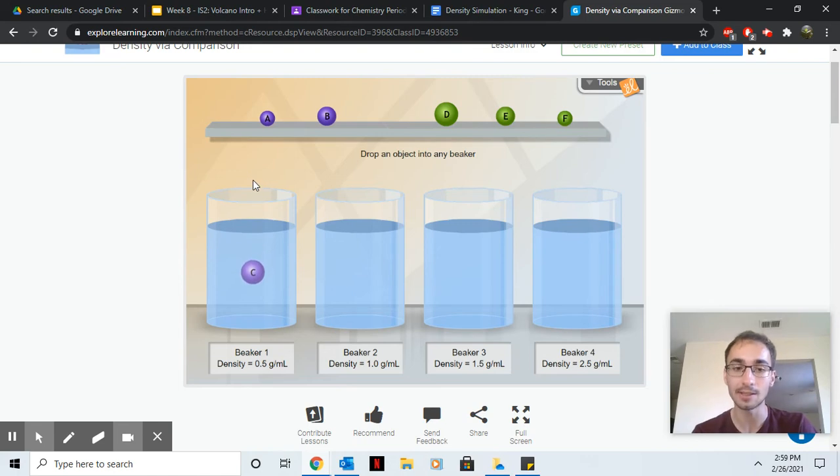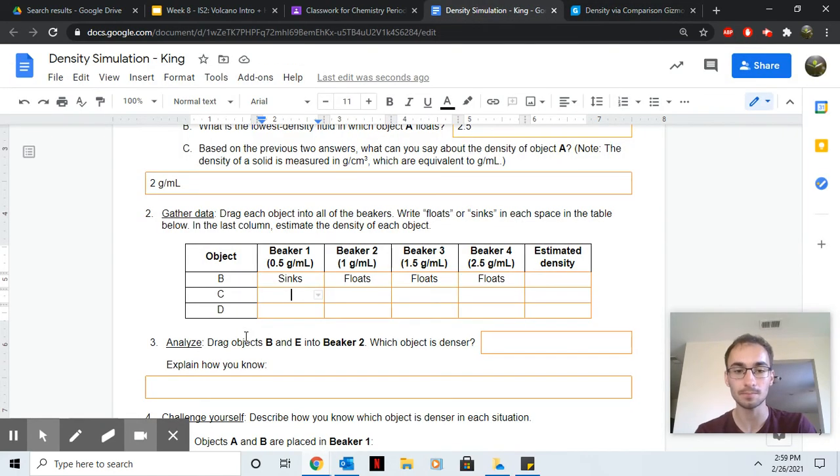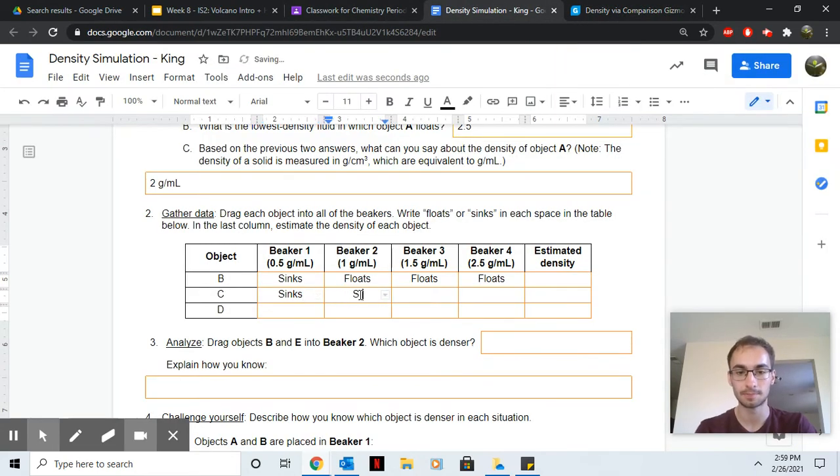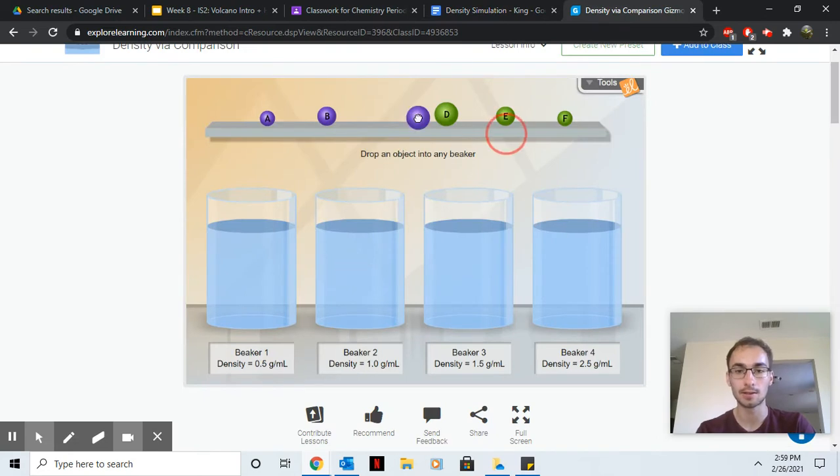Okay, so C, it does sink in 1. See about the others. Will it sink in 2? Yes, barely. Try it again. Oh, it's barely floating.